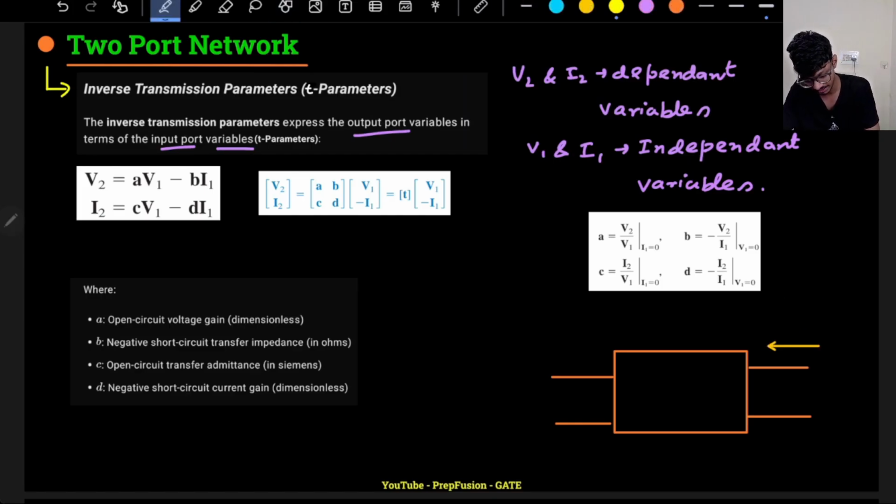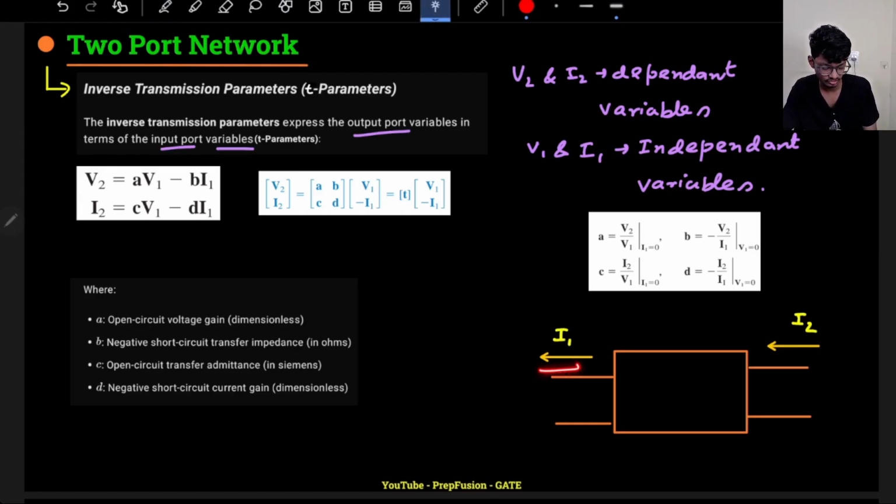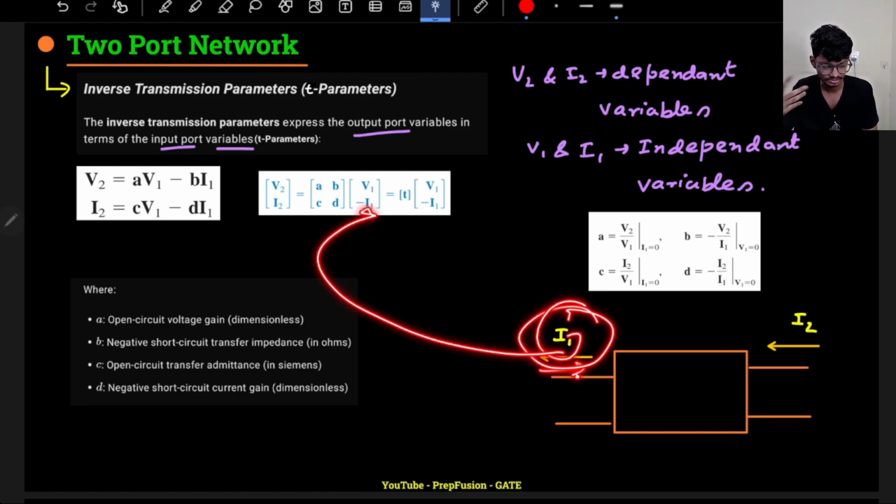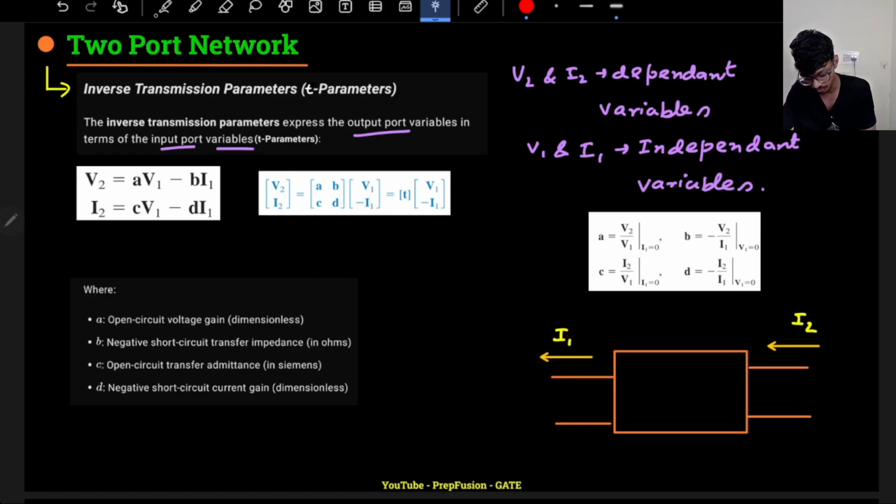So current direction will be something like this, and then the load is connected at port 1. So here the current will be I1. But again the same thing: our assumption is current always goes into the port. So again it is opposite. So again a negative sign is associated with this I1.